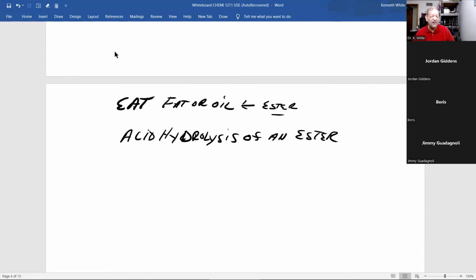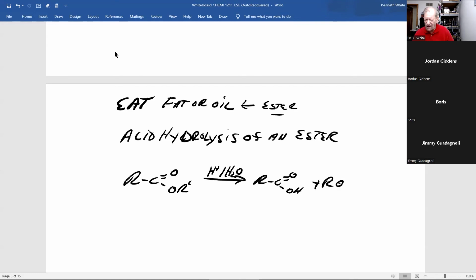And hopefully for test number 3, you learned the general reaction: ester, acid and water, and you get back the carboxylic acid plus the alcohol you would have used to make that ester.